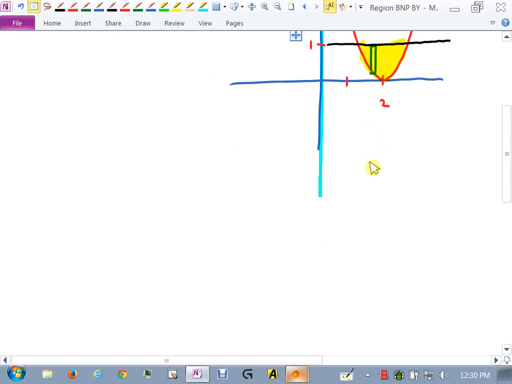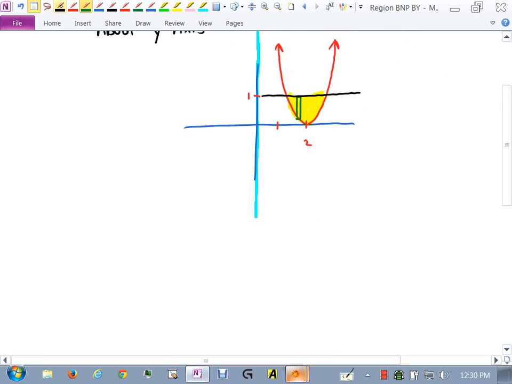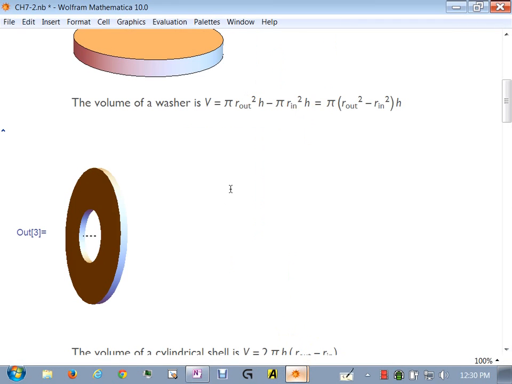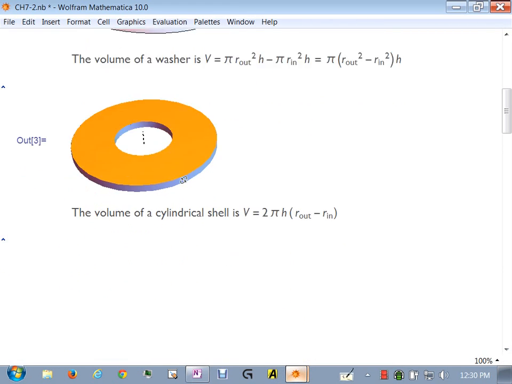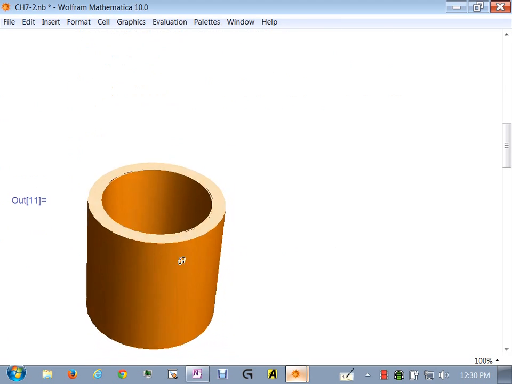So I'll draw this below so you can see what comes of it. I have my y-axis here, and I have my vertical rectangle here. I'm going to wrap it around the y-axis. What shape do I get? It's a washer, but remember I showed you there was this kind of washer, and then there was this one, right?